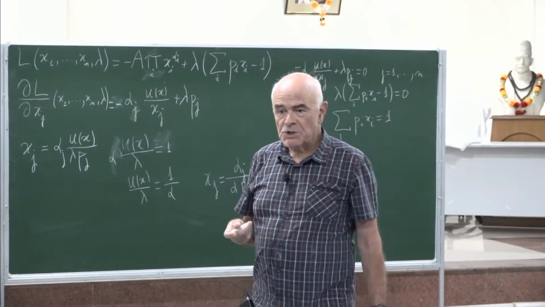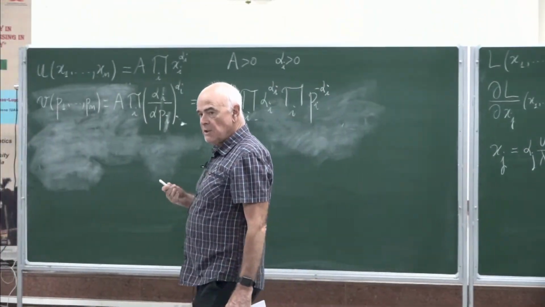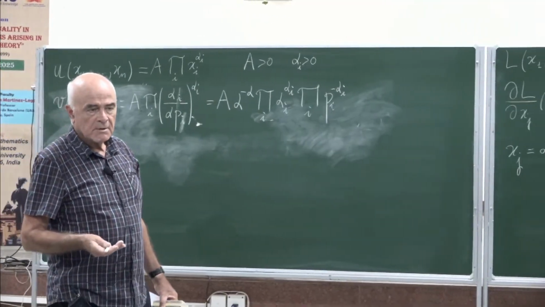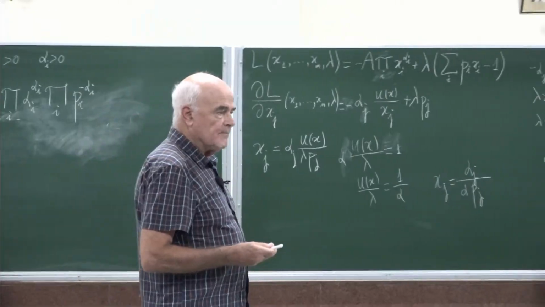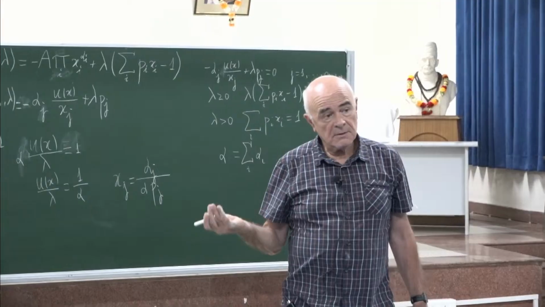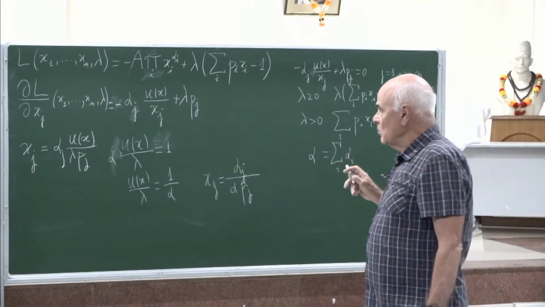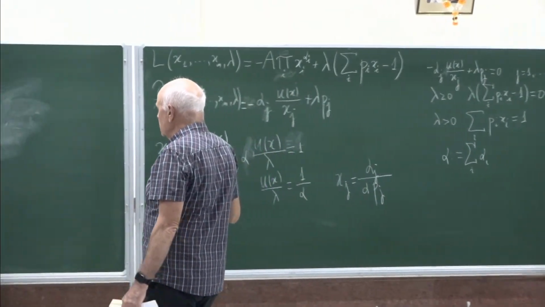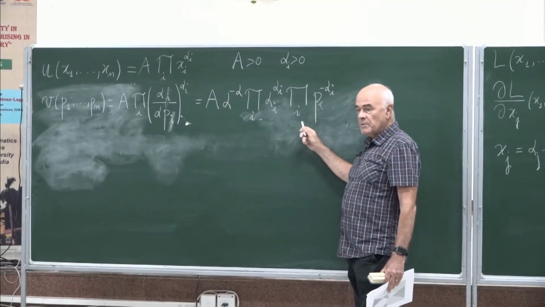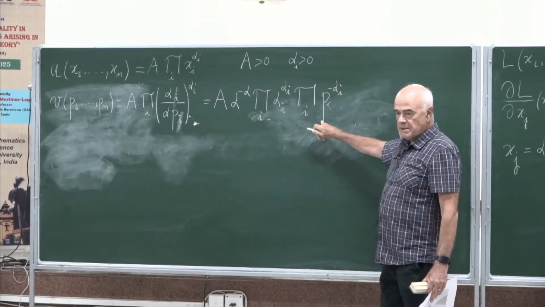It's very easy to check that this indirect utility function is as it should be, as every indirect utility function is: quasi-convex, non-increasing, and lower semi-continuous. It is even continuous. Well, on the strictly positive orthant, but also everywhere, because when we move to the boundary, this goes to plus infinity.